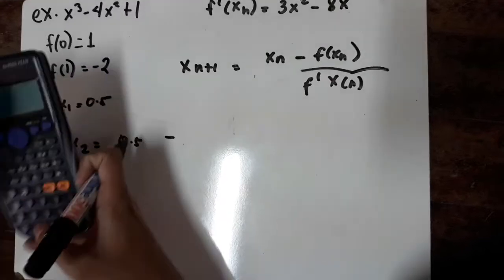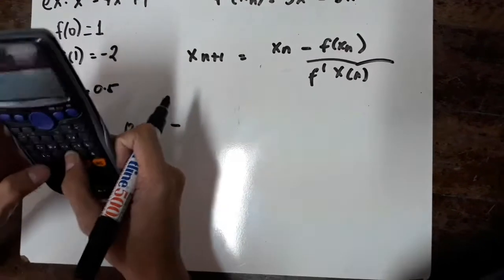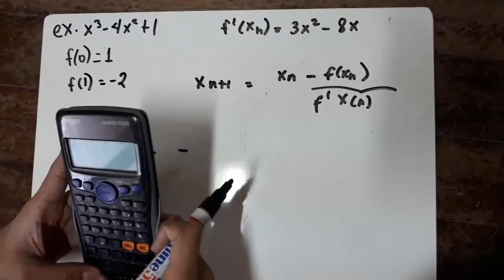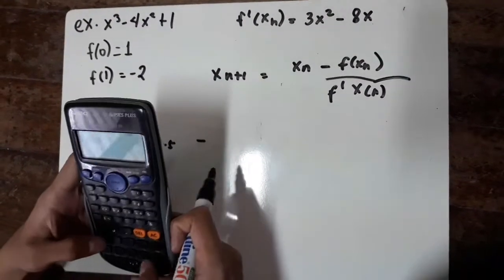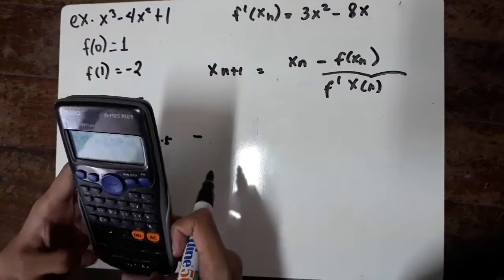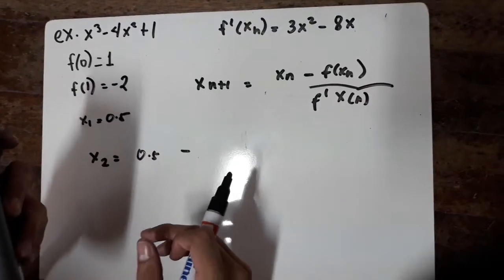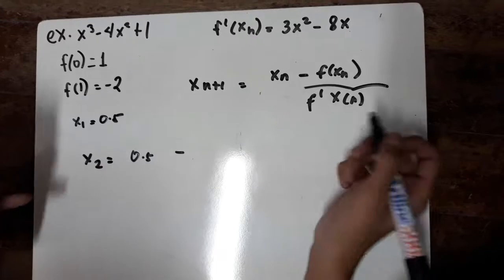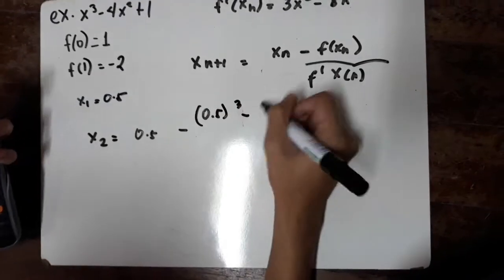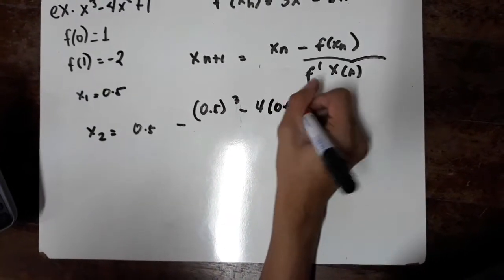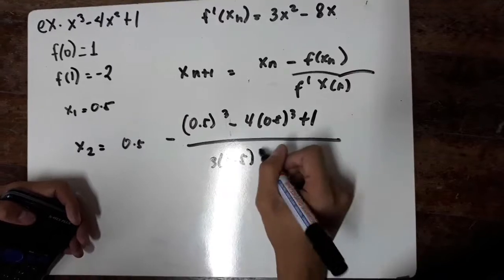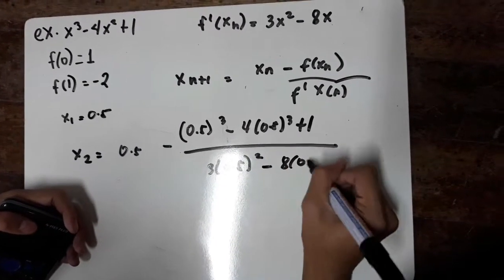When we substitute the value of 0.5, we will substitute first here. 0.5 raised to 3 minus 4 times 0.5 raised to 2 plus 1, over 3 times 0.5 raised to 2 minus 8 times 0.5.